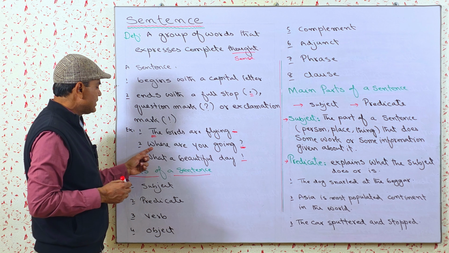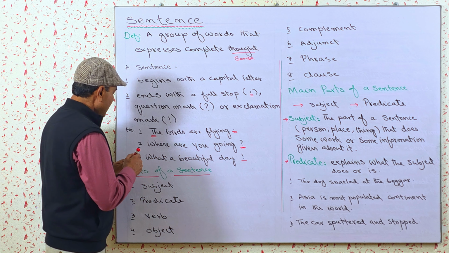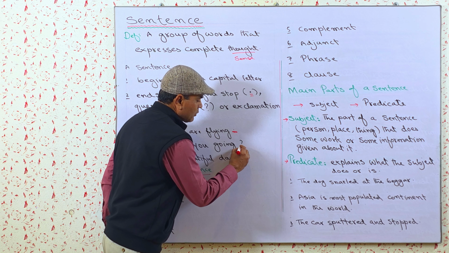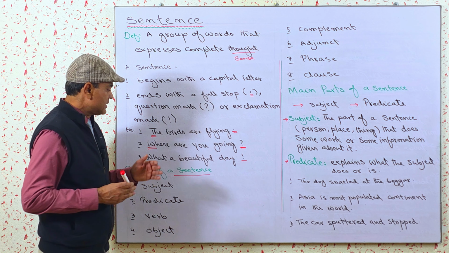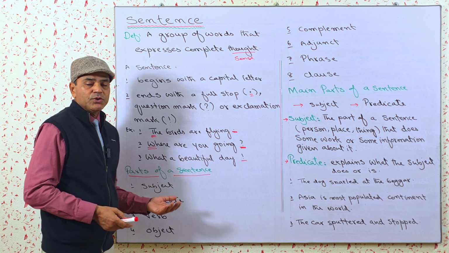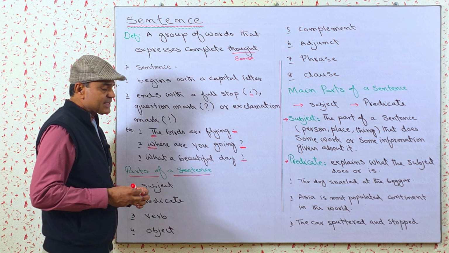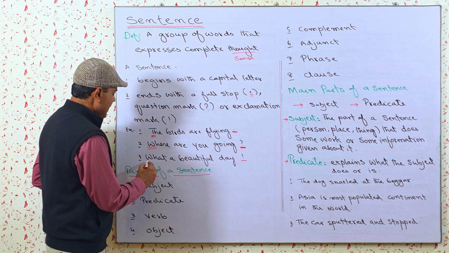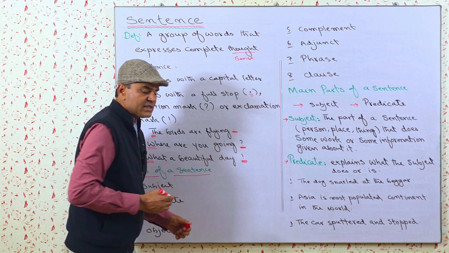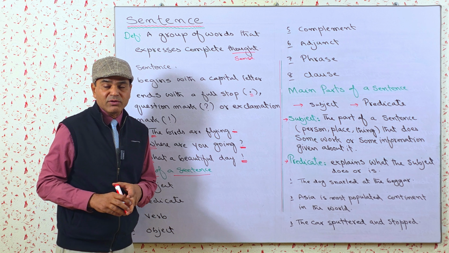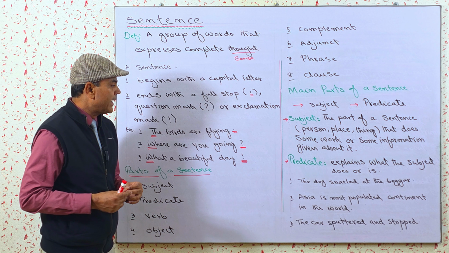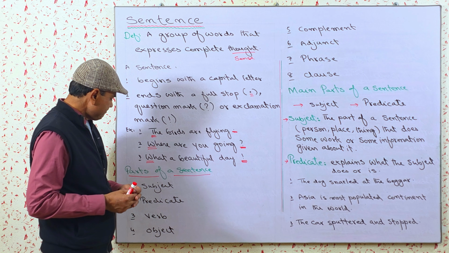I have started the sentence with an interrogative adverb and written its first letter capital, and here I have ended the sentence with a question mark because this sentence asks a question. The third sentence is, what a beautiful day! This is an exclamatory sentence, and again I have started it with a capital letter, but I have ended this sentence with the sign of exclamation, or exclamation mark. So these are the different punctuation marks you will find at the end of a complete sentence.